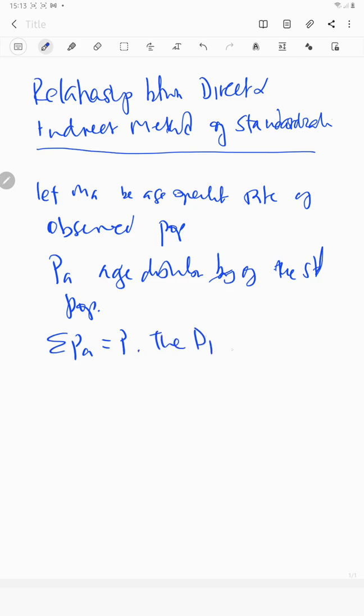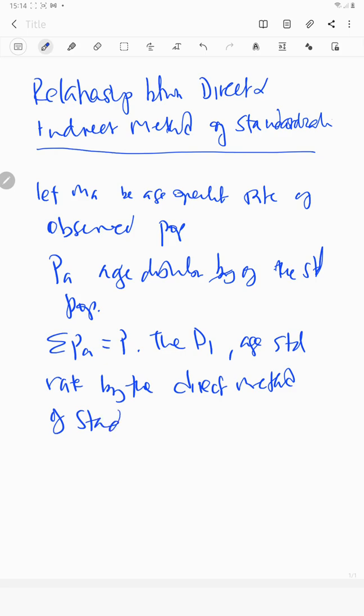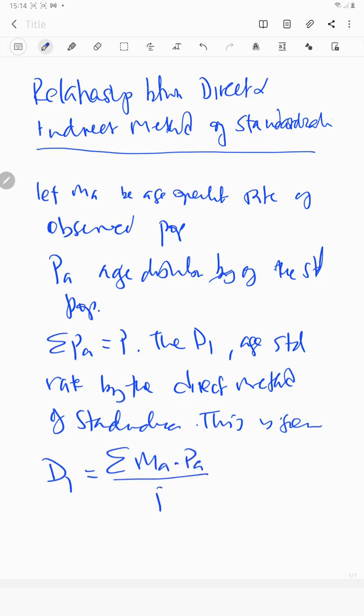And then we can have D1 as the age standardized rate by the direct method of standardization, and this is given by D1 equals summation of MA multiplied by PA over P. Okay, so in this case we can now multiply by 1.